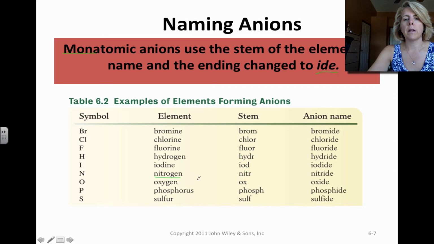Nitrogen is probably the one that a lot of people mess up on. This is nitride. And the same with oxygen. Notice that oxygen becomes oxide. Okay, you have to be careful of the ending. Even phosphorus, we go to phosphide. Sulfur, we go to sulfide. So you want to just train yourself, whatever the ending is, you're going to delete that and add IDE.